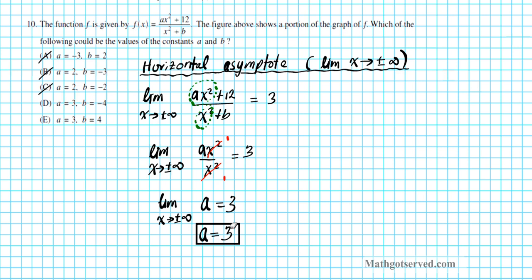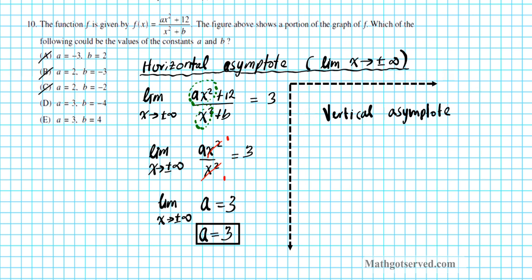Next thing we're going to look at is the vertical asymptote. Let's go ahead and write that here. Vertical asymptote. Now, how do you find your vertical asymptote? To find your vertical asymptote, all you simply do is set the denominator equal to 0 and solve.